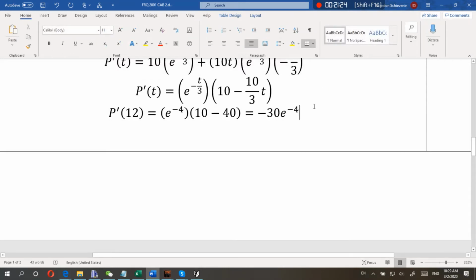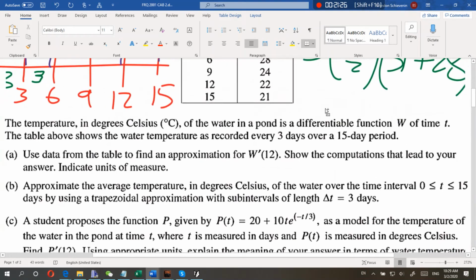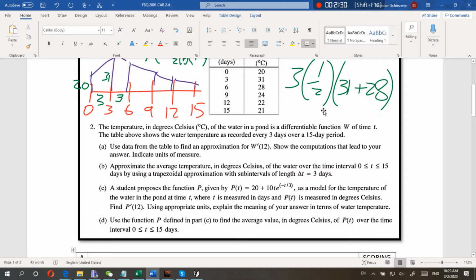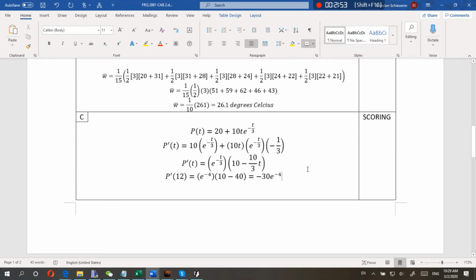Okay, what are my units for the derivative of p? The change in temperature of the water over time. Time is measured in days, and temperature is measured in Celsius.